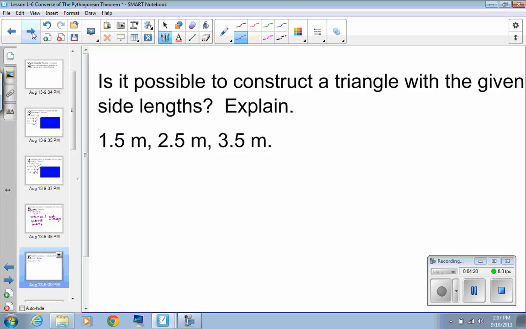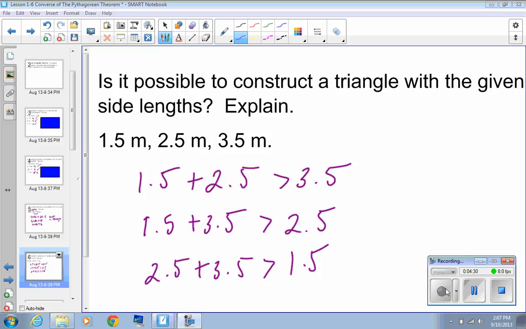Why don't you go ahead and try this one on your own. They are decimals, but you can still add them using your calculator. When you tried this, you should have added 1.5 and 2.5, and that is greater than 3.5, because 1.5 plus 2.5 gives an answer of 4, and 4 is greater than 3.5.